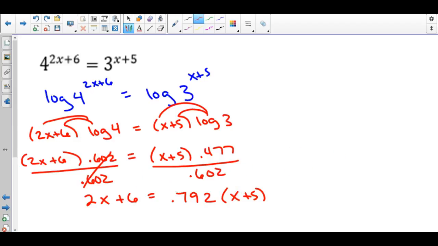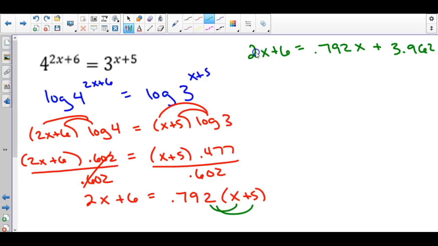So what I'm going to do is just distribute that on the right hand side of this equation, and I'm going to bring down the left hand side. So I have 2x plus 6 equals 0.792, and that would be x plus, and then I'm going to take that number and times it by 5, just for distributing, and that's going to give me 3.962.